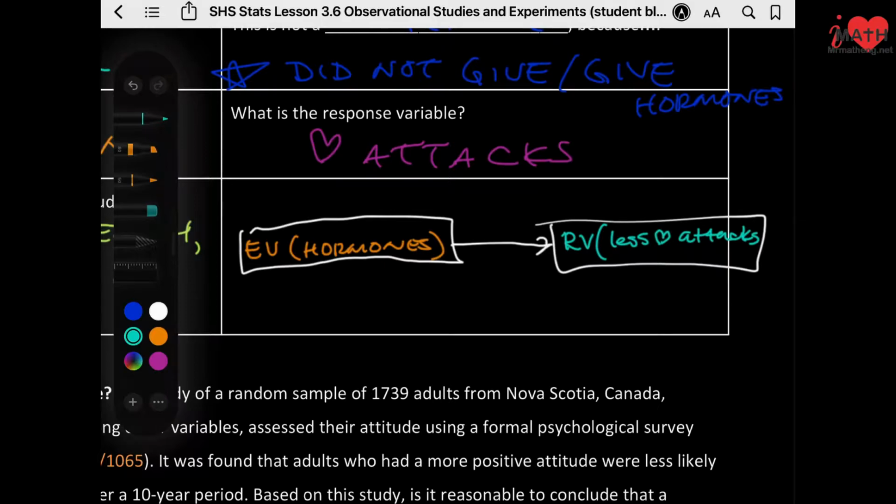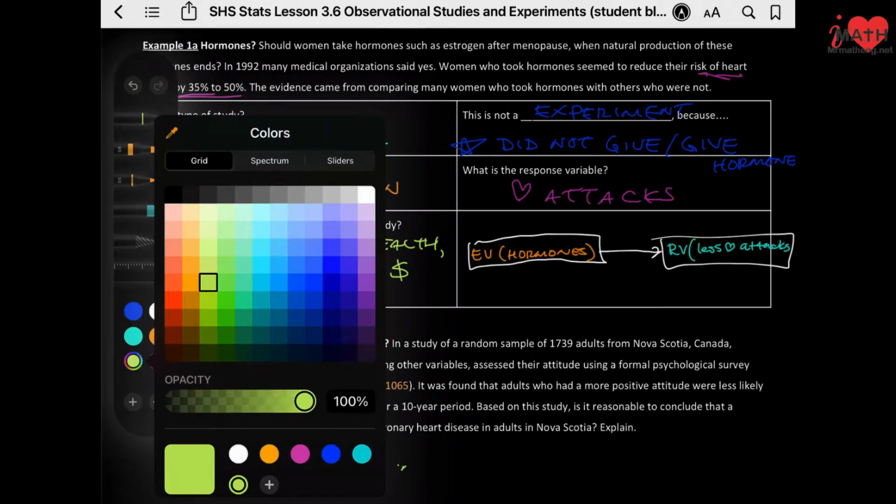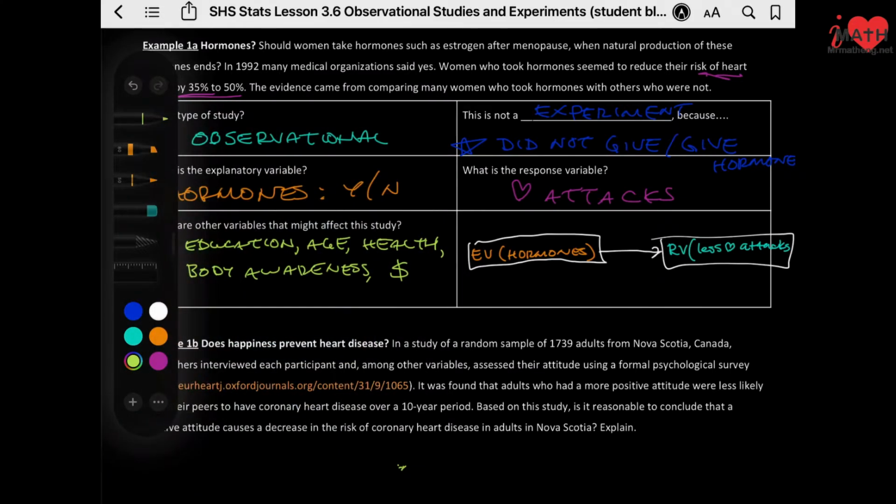But what we just talked about is in all of these here in some kind of green, like income, this could actually affect the response variable, and it's not necessarily the hormones, or maybe it is doctor visits.